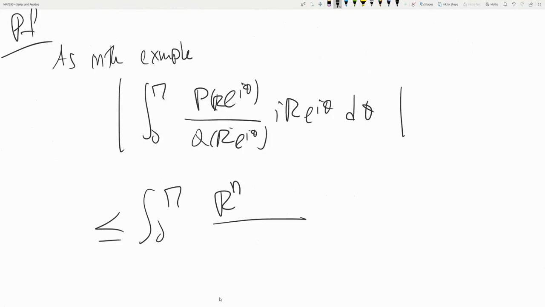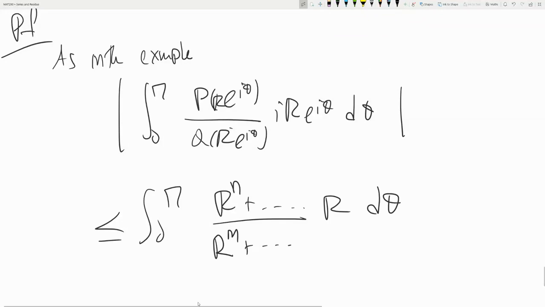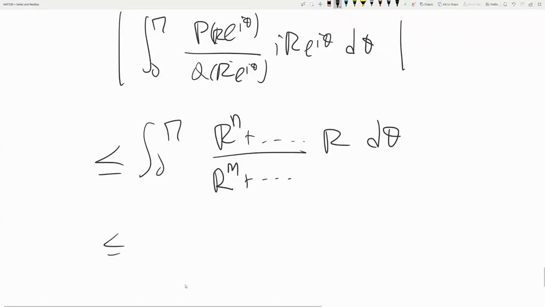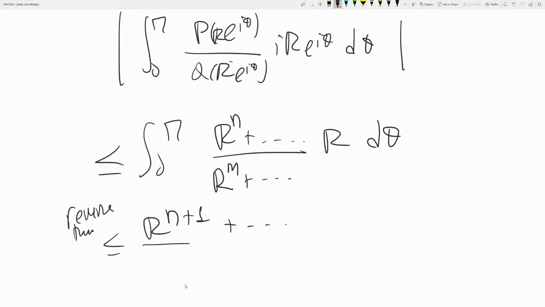So you have R^n with lower powers and R^m with lower powers, R dθ. Okay, so then again, I won't go into the details, but if you do reverse triangle, you get your R^{n+1} plus lower order terms, and then R^m plus lower order terms. But in the limit, all it matters is the highest order.